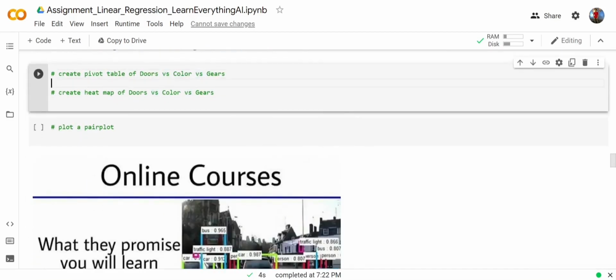So we are going to create another data plot here that is known as a pivot table, which will give us the value as to what exactly is the number by using a chart. So let us store it in a variable named result.